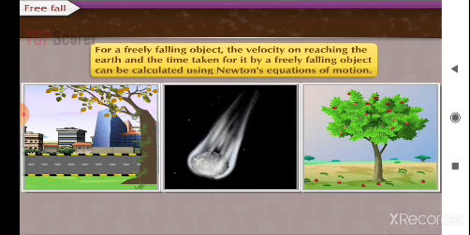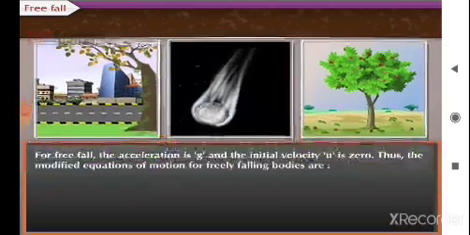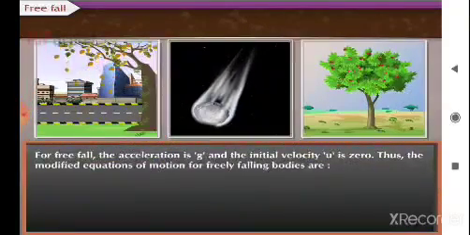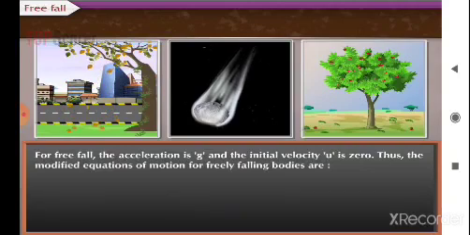For a freely falling object, the velocity on reaching the Earth and the time taken for it can be calculated by using Newton's equations of motion. For free fall, the initial velocity u is equal to 0 and the acceleration a is equal to g.